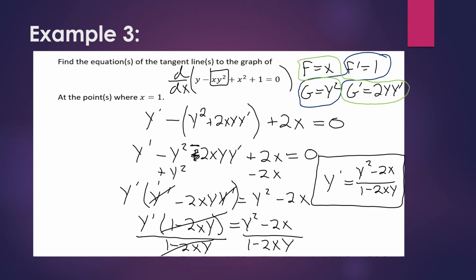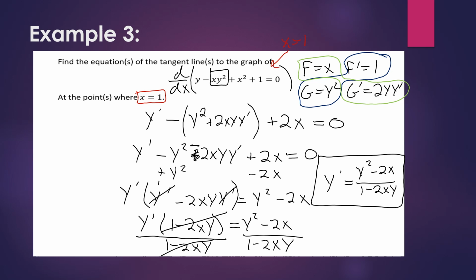So they say at the point or points where x equals 1. So if I want to find the value when x equals 1, I need to take x equals 1 and plug into my equation up here. So I want x to equal 1.